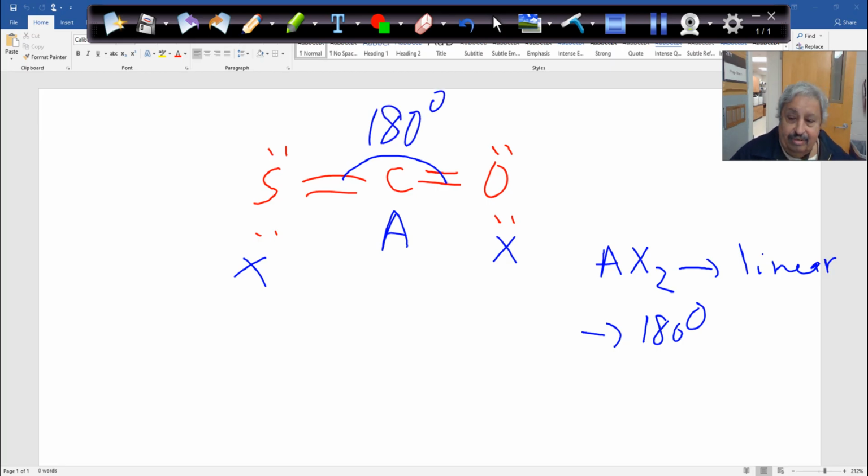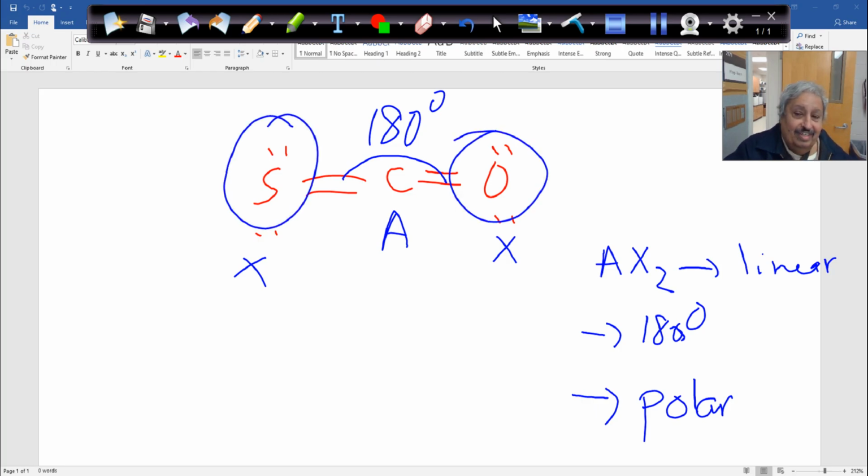What else do we have to know further? Yes, further we can see if it's polar or non-polar. Polar or non-polar? Why? You get the correct answer, but why? Because you have different terminal atoms with different electronegativity, correct? So this is polar.